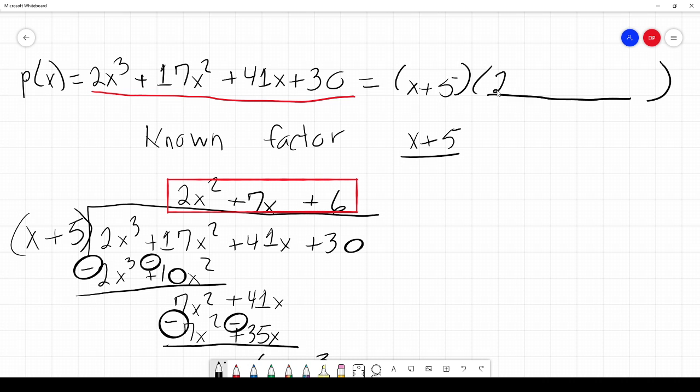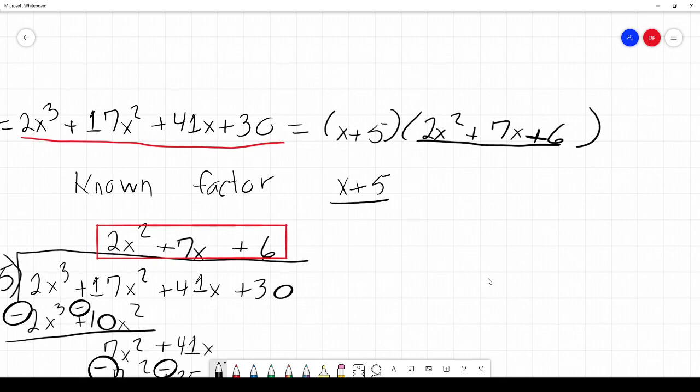So that means that this is my answer. So this is going to go here. Okay? So in other words, our original polynomial can be rewritten as x plus 5 times 2x squared plus 7x plus 6. Okay? Alright, so this is factored form.